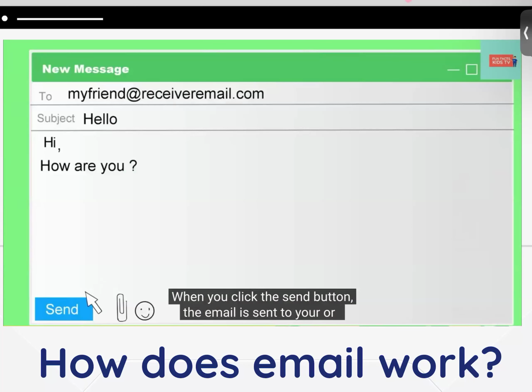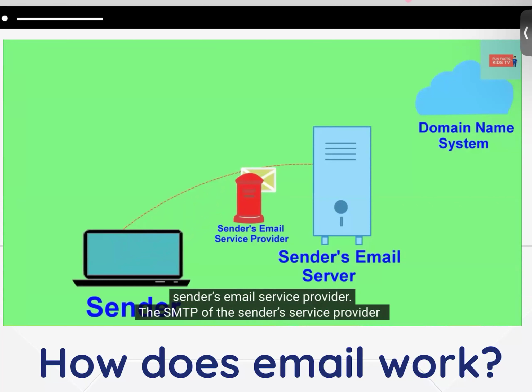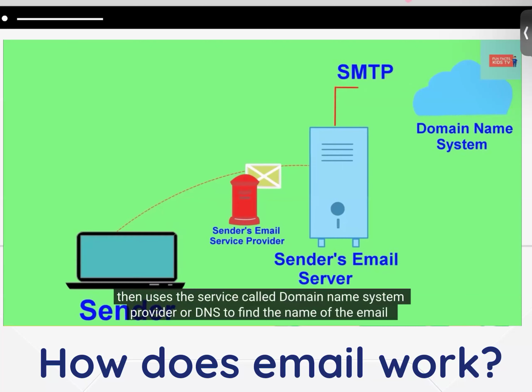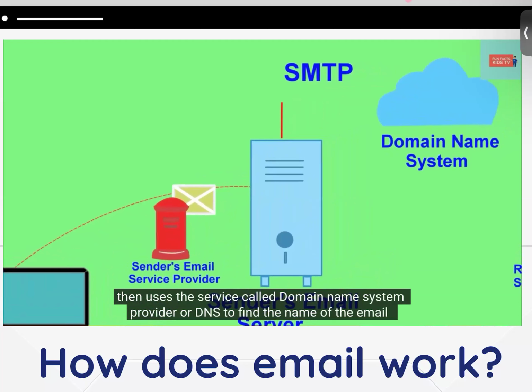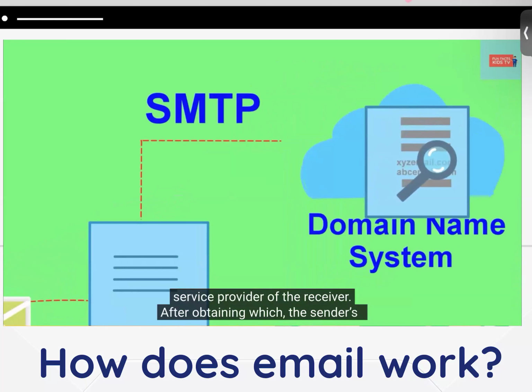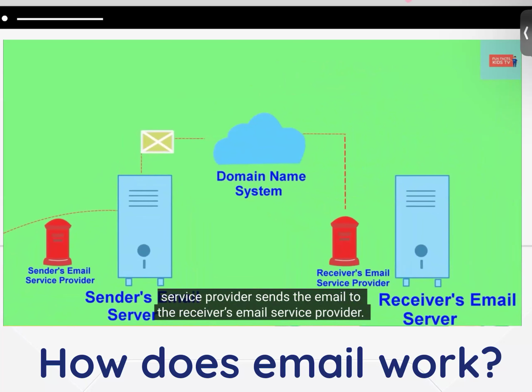When you click the send button, the email is sent to your or sender's email service provider. The SMTP of the sender's service provider then uses the service called domain name system or DNS to find the name of the email service provider of the receiver, after obtaining which the sender's service provider sends the email to the receiver's email service provider.